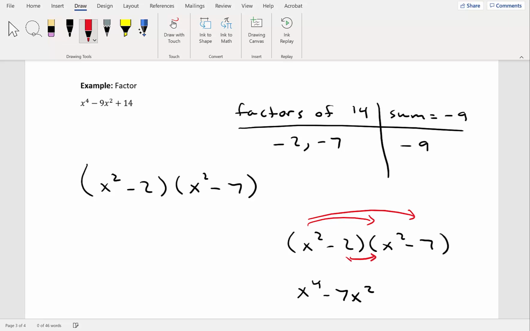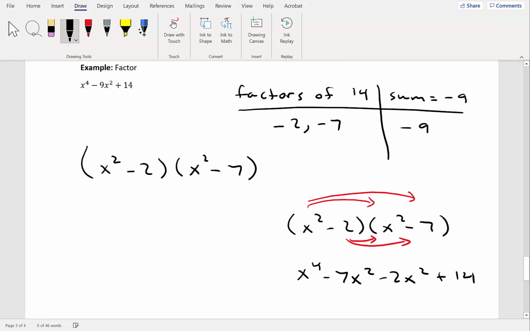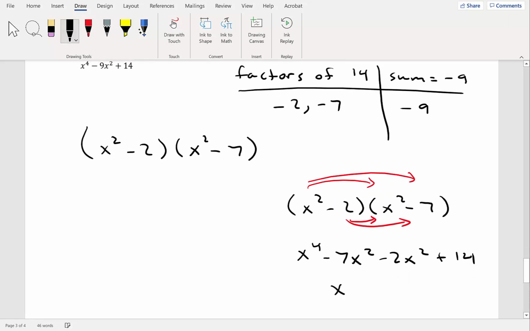Take the negative 2 and distribute this out. Negative 2 times x squared, I get negative 2x squared. Negative 2 times negative 7 gives me positive 14. If I combine like terms, I get x to the 4th minus 9x squared plus 14, which is exactly the same thing I started off with.